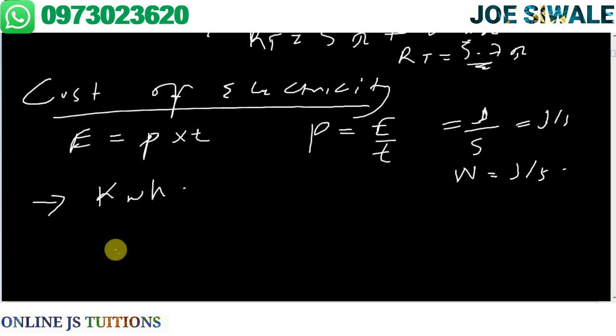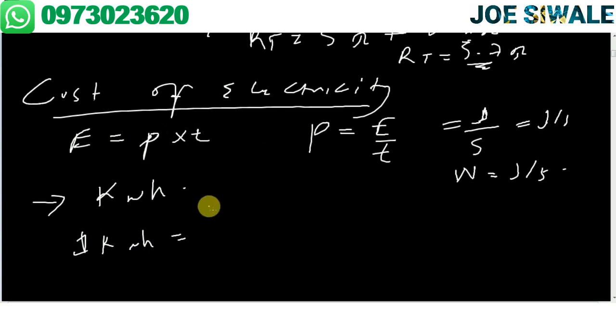And from this we can also say 1 kilowatt hour is equal to, since this is kilowatts, and 1 kilowatt is equal to 1000 watts, so this is going to be 1000 watts multiplied by time.